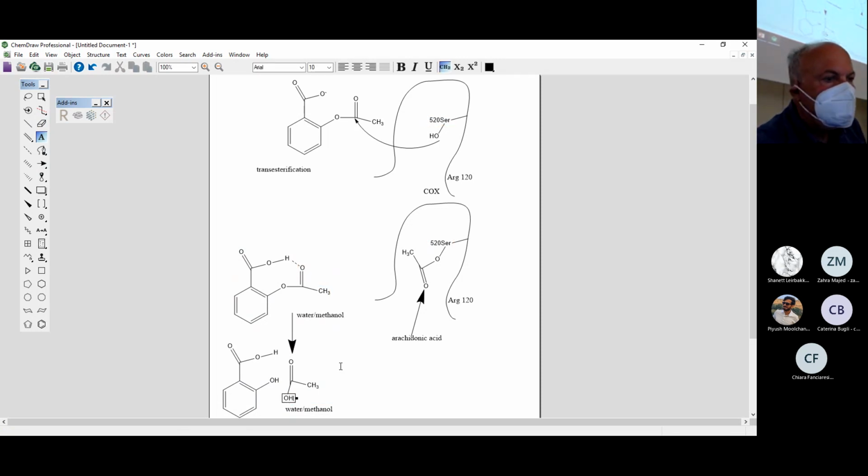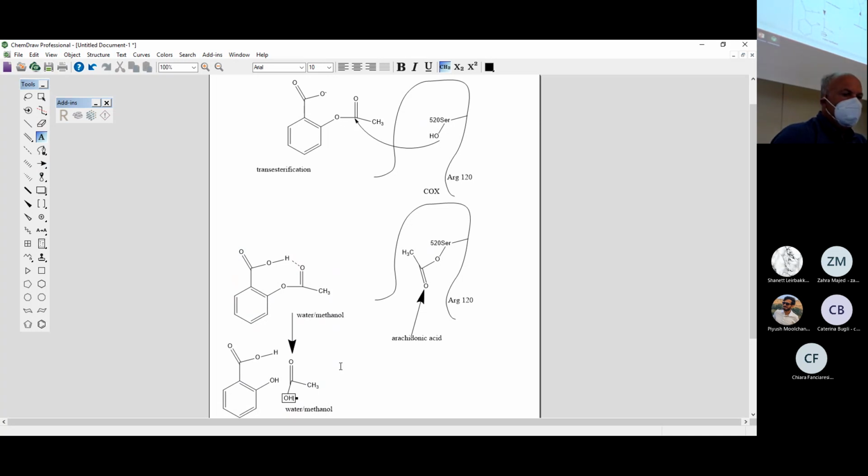So if you make an HPLC spectrum of the solution of aspirin in water and methanol after a few minutes, you can see the formation of the peak of salicylic acid, because aspirin is unstable in this condition.